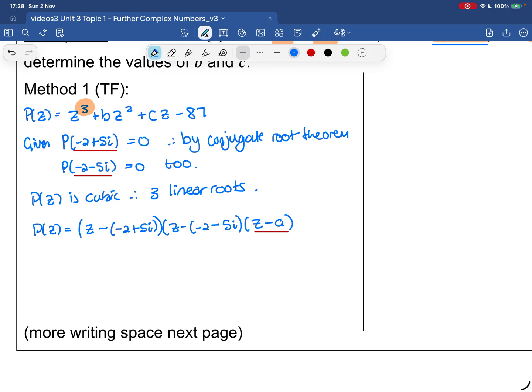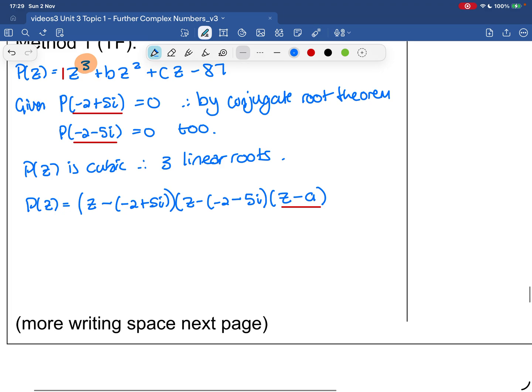I don't have a coefficient in front of my brackets because in my original equation I have a coefficient of 1 in front of my z cubed. So that means that when I expand this, I only want a coefficient of 1 in front of z cubed. All right.